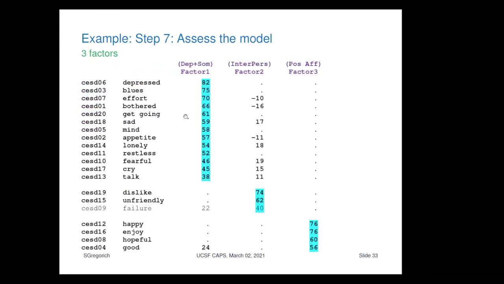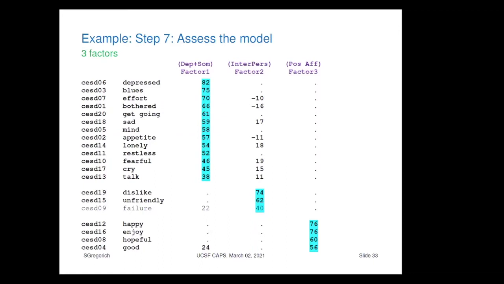A 3-factor model, here the depressive symptoms and somatic symptom items are all clustered together in 1 factor. The interpersonal factor really only has 2 items, these bolded ones, dislike and unfriendly.